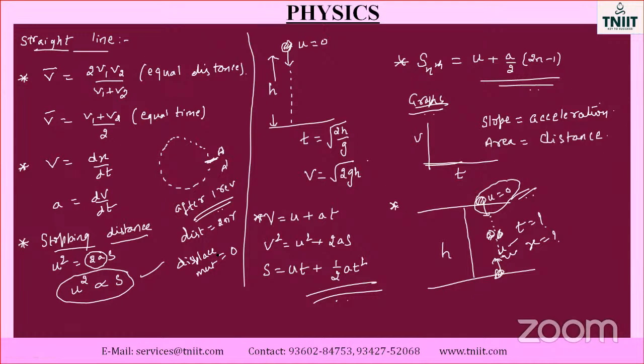So what is the displacement when the particle completes one revolution? It is 0. What is the distance covered? The distance covered is 2 pi r. So these are the formulas, students, in the very first chapter.